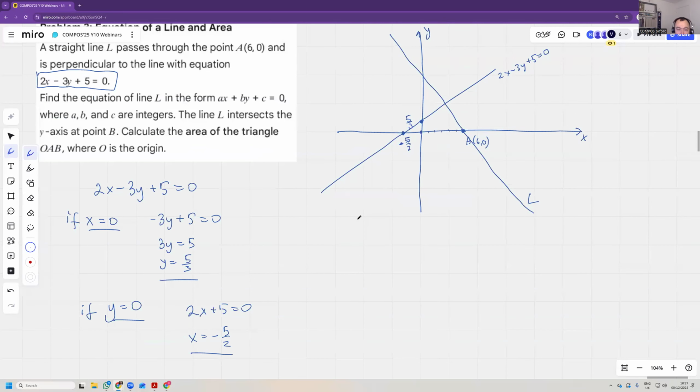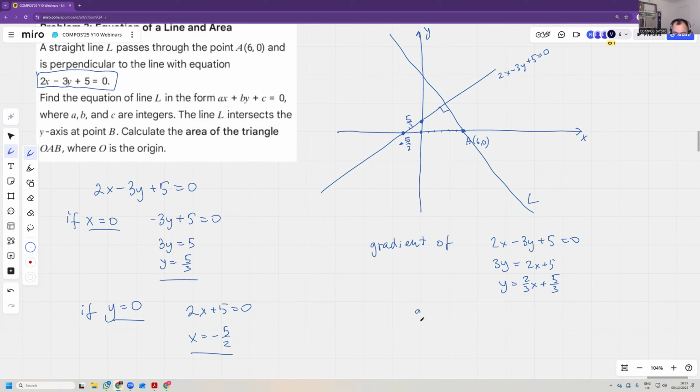Well, we know that they're perpendicular. That means the gradient of 2x minus 3y plus 5 equals 0. Well, 3y is 2x plus 5. y is 2/3 x plus 5/3.